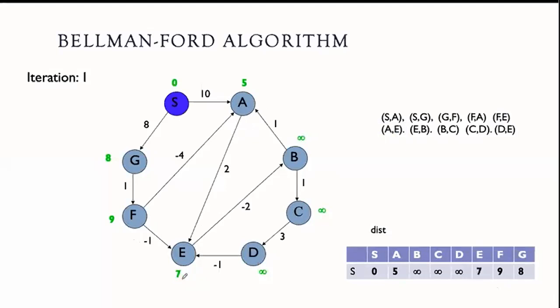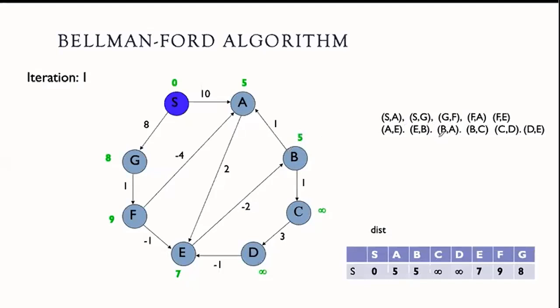So change that to 7. Okay, next edge E to B. Distance of B is infinite. So calculate distance of E, 7, minus 2, which is 5. So distance of B will be 5.